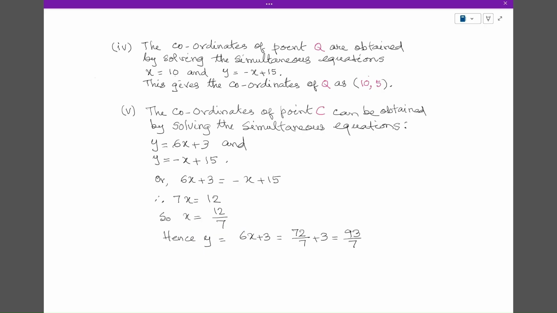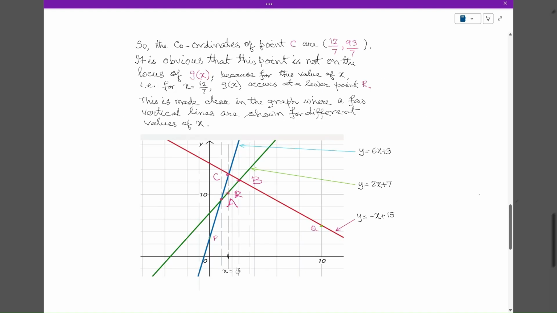Hence, y = 6x + 3, that is 72/7 + 3, and that is equal to 93/7. So the coordinates of point C are (12/7, 93/7).